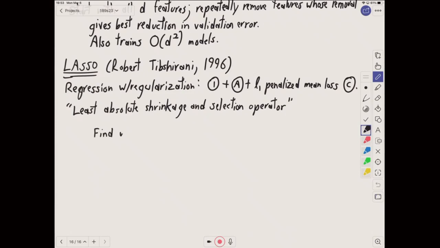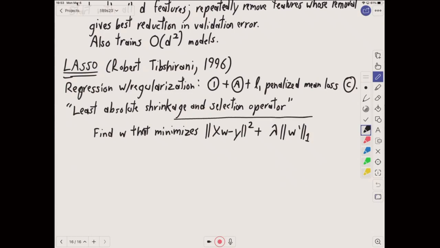The objective function is the same as ridge regression, except we're just changing the norm, and we're not squaring it. So here's the least squares regression part. That's not changed. Here's the penalty term, and this is going to be the L1 norm of w', instead of the L2 norm, and again, we're not squaring it.